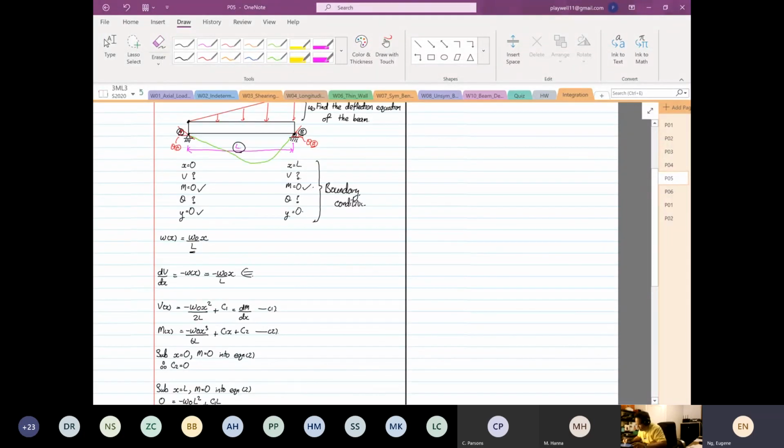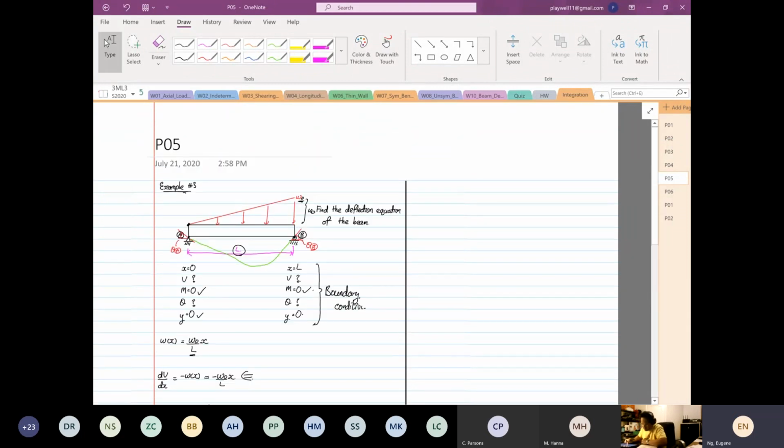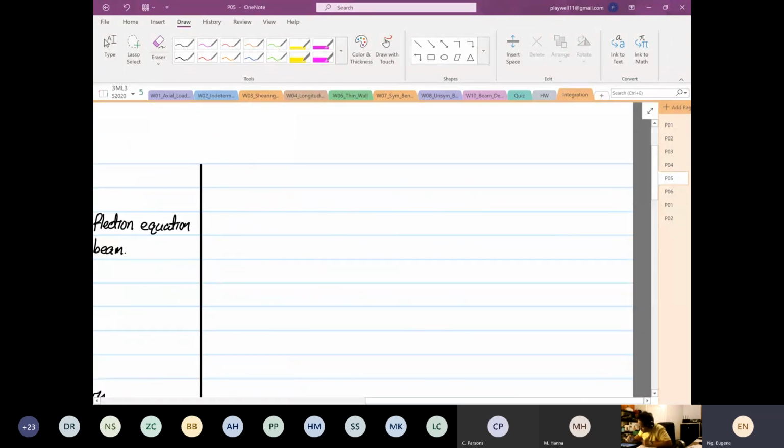Now if you were to apply the positive shear and positive bending moment, you can. It's not that you can't.